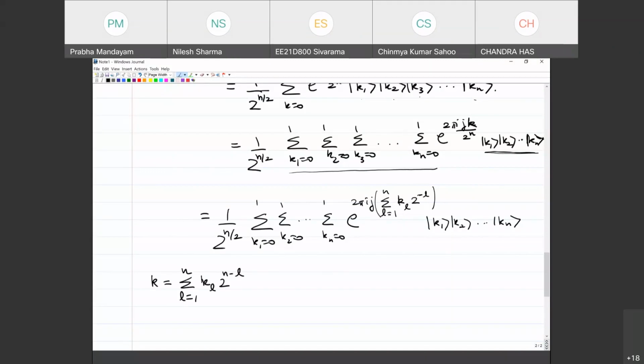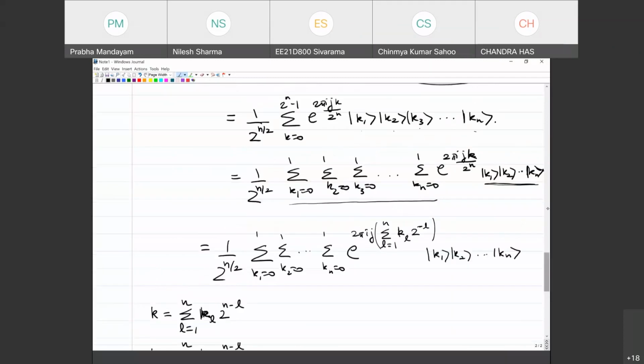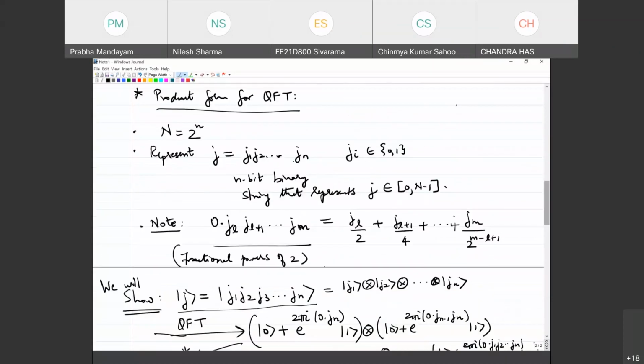Maybe I should have written this up front here itself when I wrote down this binary form for J. So when I write this binary form, it also means, so this is, okay, this is not an equal to, maybe it's an equivalence, that this is the binary representation. But if I want to really write down what the relation is between each Ji and this J, then this is going to be sum over some L going from 1 to n, JL 2 to the n minus L.